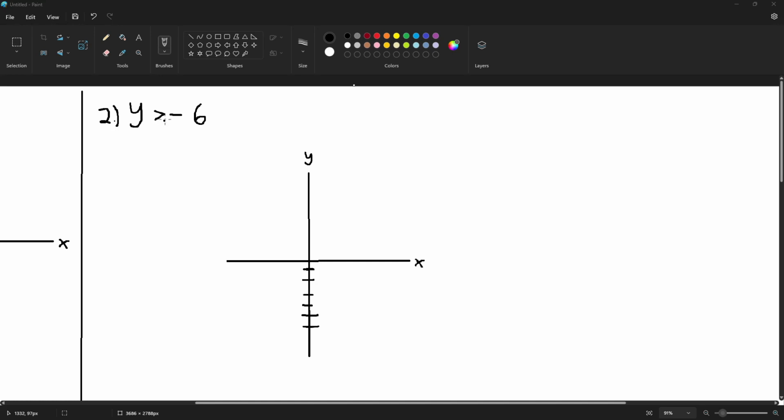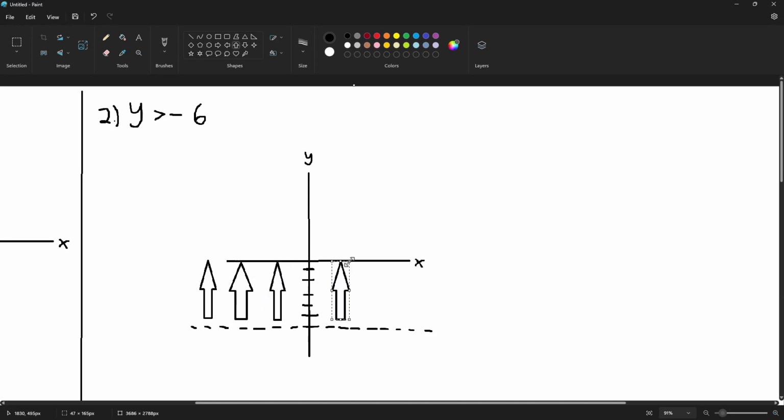And since this sign is just greater than and not greater than or equal to, we should draw a broken line. And since greater than is towards the positive side, we will draw arrows towards the positive side. And that is how you graph this inequality.